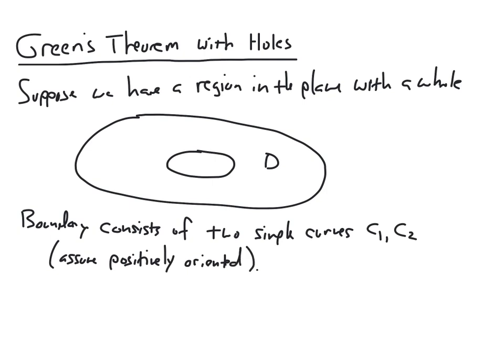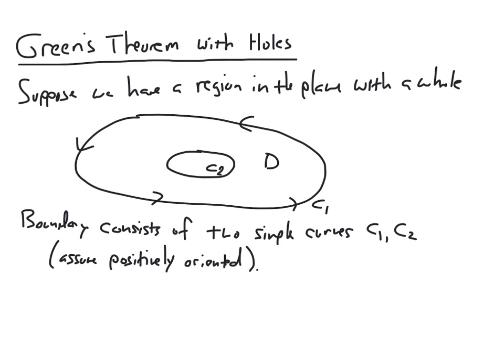In this picture, on the outside of our region, we want this to go counterclockwise like this. So I might call the outside of this C1, and the inside curve there is going to be C2. But we have to be a little careful here.